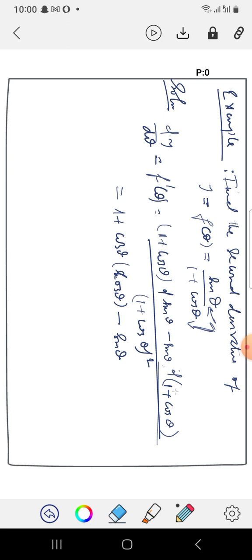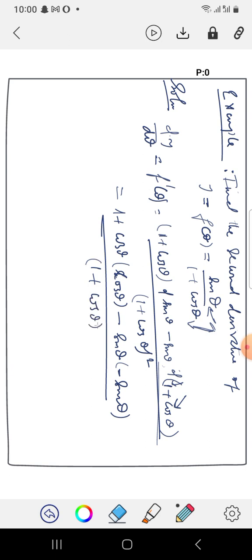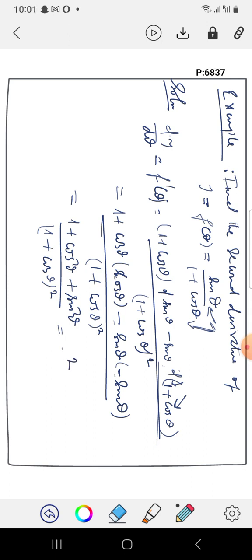When you take the derivative of this, you take the derivative of 1 first, which is going to be 0, the derivative of cos theta, which is going to be minus sine theta, everything over 1 plus cos theta all squared, which is going to give us 1 plus cos squared theta plus sine squared theta over 1 plus cos theta all squared, which is going to give you nothing but 2 over 1 plus cos theta all squared. Okay, that's the first one.